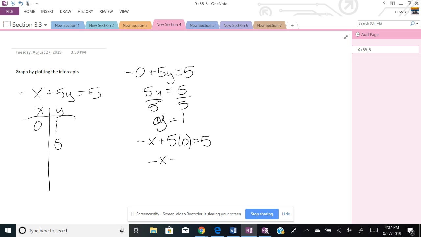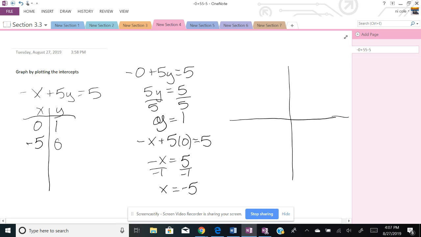So negative x is equal to 5, divide by negative 1, divide by negative 1, x is equal to negative 5. Okay, and that would allow you to plot those points. That would give you 0, 1, and then 1, 2, 3, 4, 5, negative 5, 0. And that magic tool on MyMathLab will connect it all up for you.